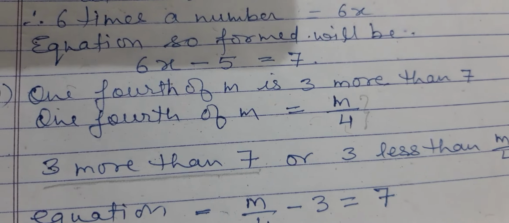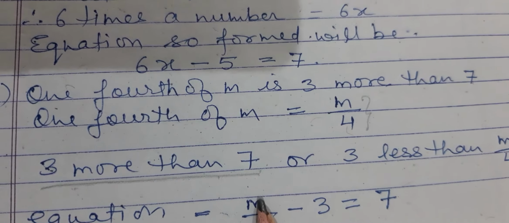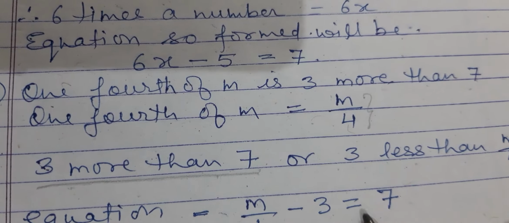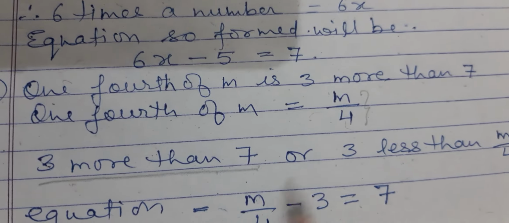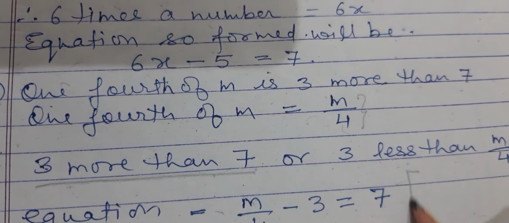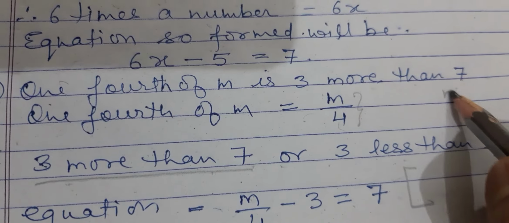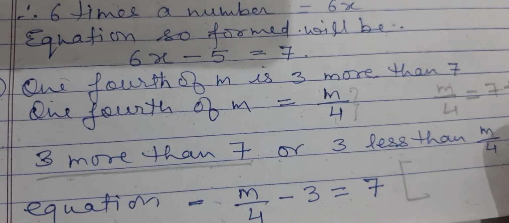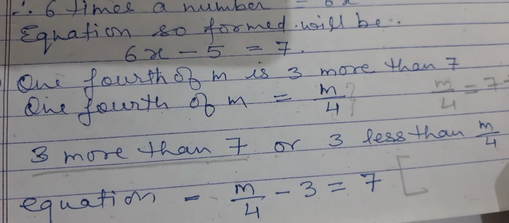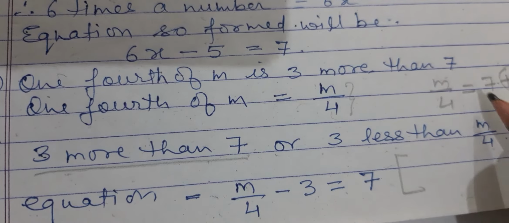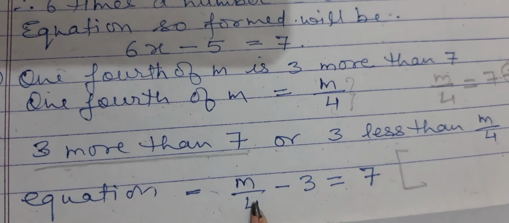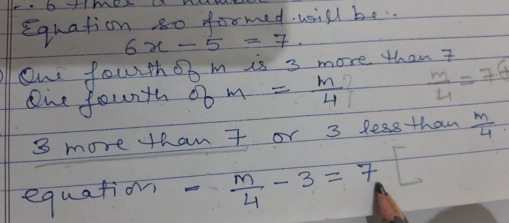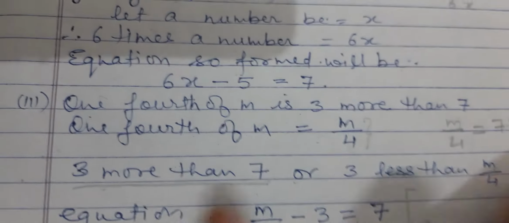So we can form the equation by writing m upon 4 minus 3 equals to 7. Actually this means that m upon 4 is equal to 7 plus 3. But we have to show this number on the left hand side, so we write m upon 4 minus 3 will give you 7. So I think you understood.